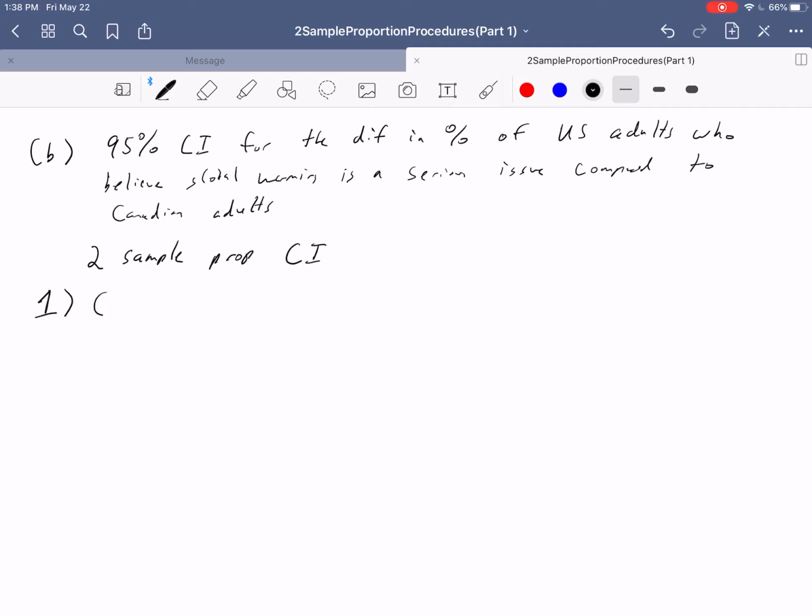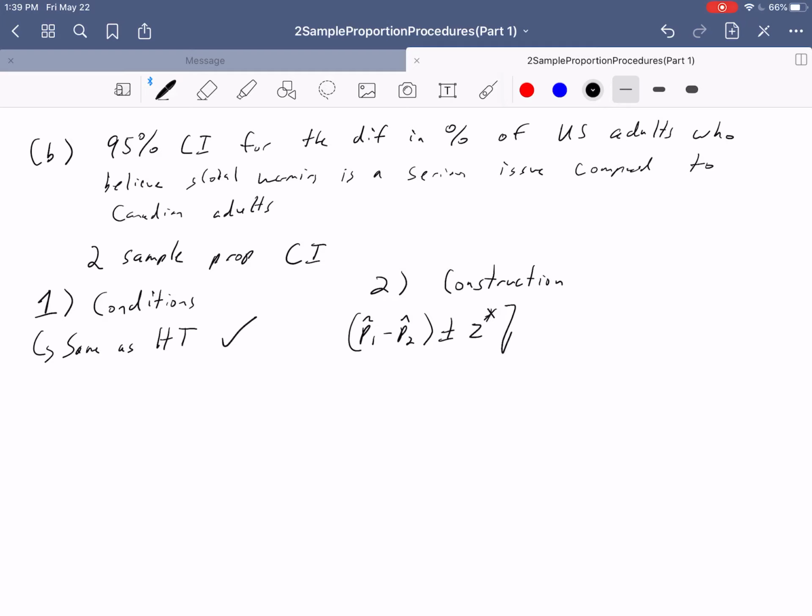So let's go ahead and start with our conditions. Well, these are the same as the hypothesis test. Same as hypothesis test. Check. So we already checked those. So we can jump right in to the construction here. For the construction, we'll be doing p1 hat minus p2 hat, plus or minus z star times the square root of p1 hat times 1 minus p1 hat over n1, plus p2 hat times 1 minus p2 hat over n2.